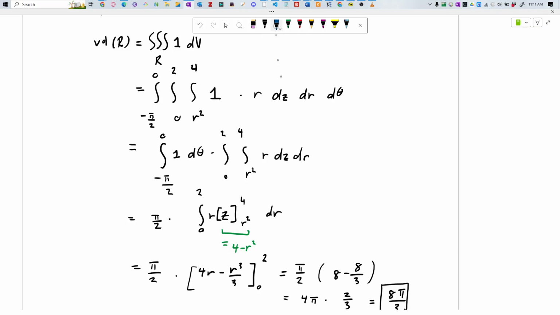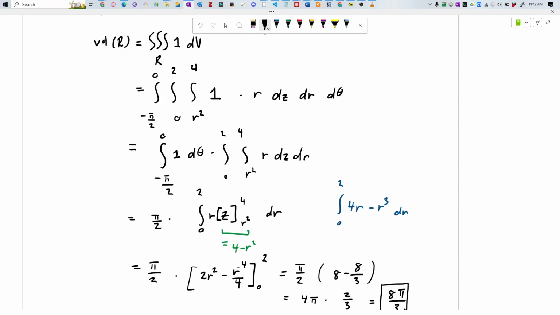How do I want to do this? So 4r minus r cubed is the function being integrated from 0 to 2 dr. When we integrate that, this is different. This is going to be 2r squared minus r to the 4 over 4.